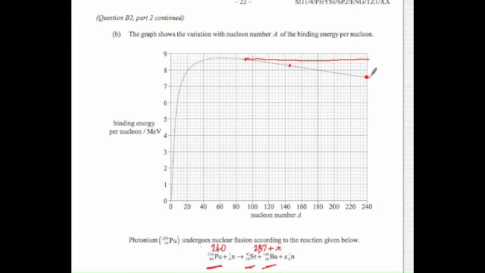So that difference is from 7.6 mega electron volts to 8.6 mega electron volts. So there's a difference there of 1 mega electron volt, and there are 91 nucleons that are releasing 1 mega electron volt.